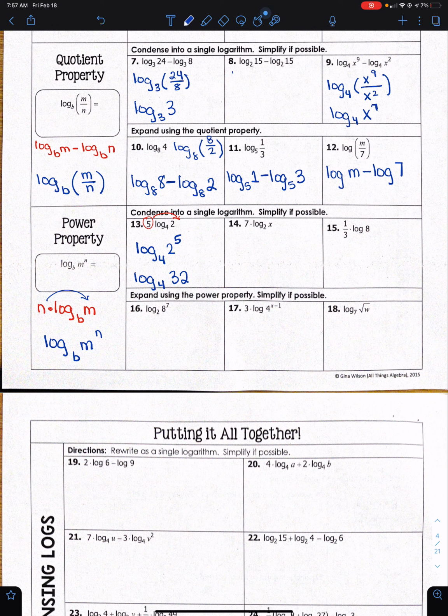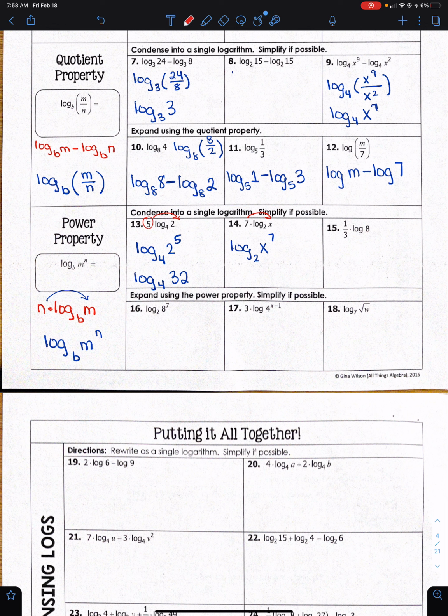Okay. All right, so this one here, take this 7, move it over. So I will have log base 2 of x to the 7th. And since we don't know the value of x, it's an unknown value, I can't do anything more with that one, so that one stays there.